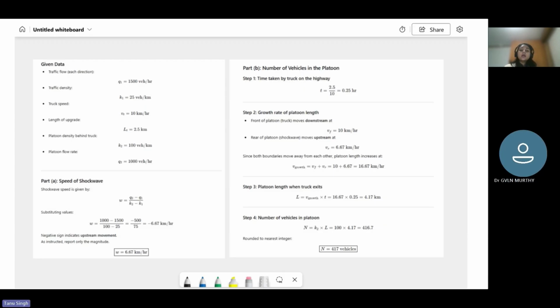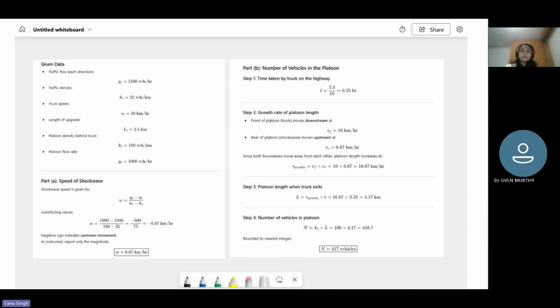So it will be minus 500 divided by 75, which equals minus 6.67 kilometers per hour. So we have just put the values in the shockwave speed formula. This is the first part, where we find the speed of the shockwave. Now coming to the second part, which is to find the number of vehicles in the platoon.